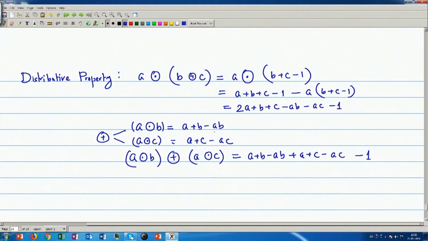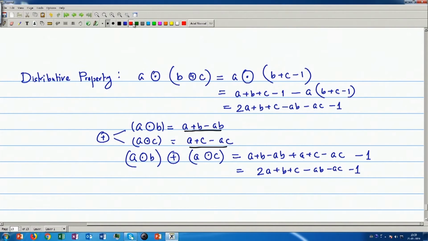So, this becomes 2A plus B plus C minus AB minus AC minus 1.